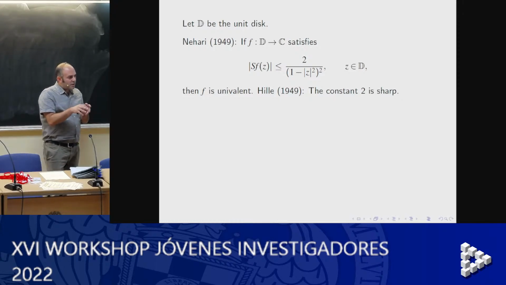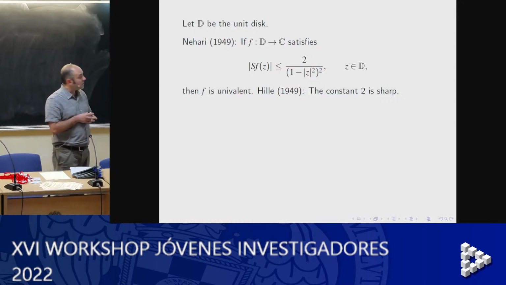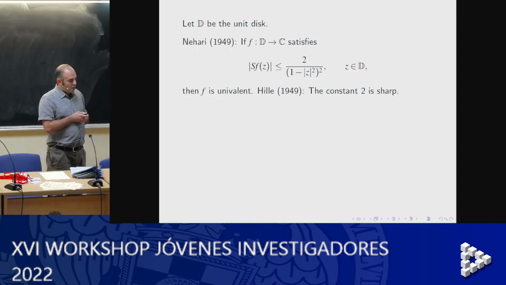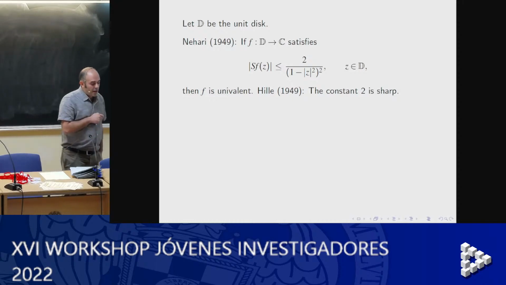He proves this by some second order ordinary differential equation where the Schwarzian is the oscillation coefficient, and he applies some Sturm comparison theorem. So little oscillation means very sparse zeros and therefore somehow univalence. Okay, it's a very potent way of arguing, and it has had many generalizations. And the number 2 is sharp. Hille has shown that.